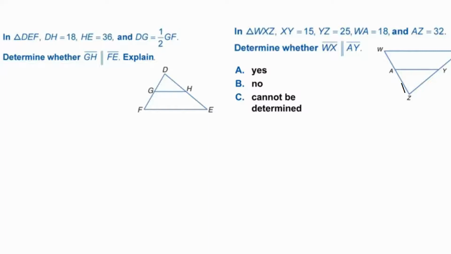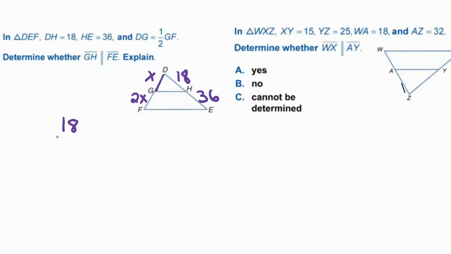We want to prove that they are or they're not. So we're given that DH equals 18, HE equals 36, and DG is 1/2 of GF. So if I let DG be X and GF be 2X, then DG is half of GF.